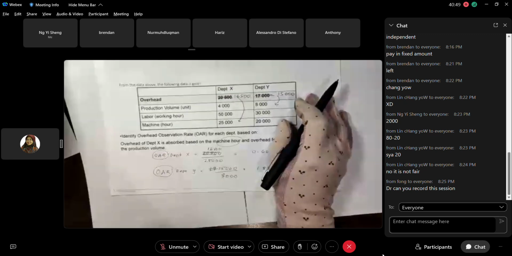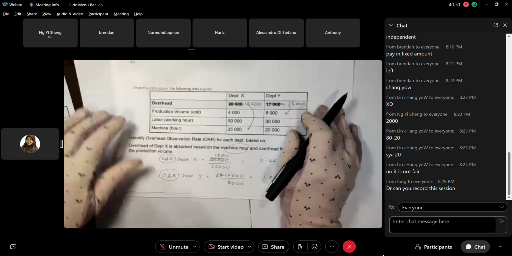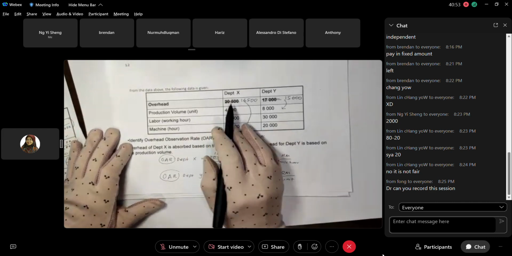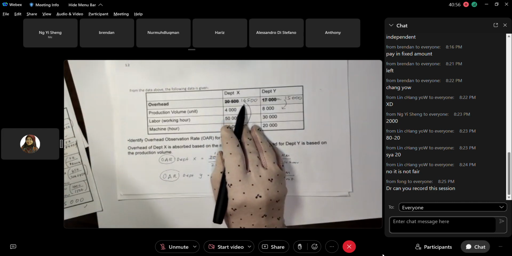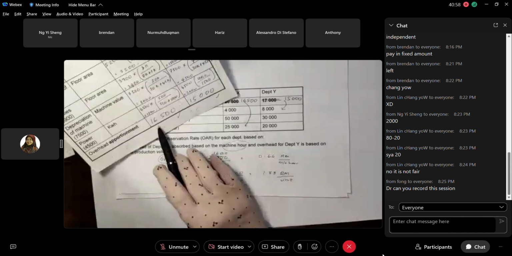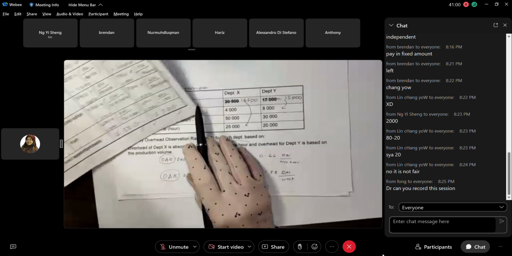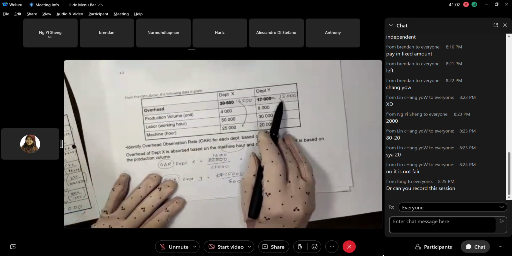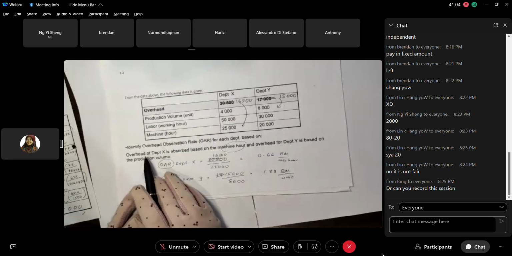After you finish calculating the overhead apportionment, now you go to this part. Department X is 16,500 and department Y is 15,000.